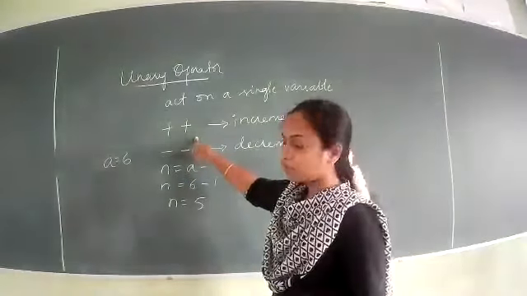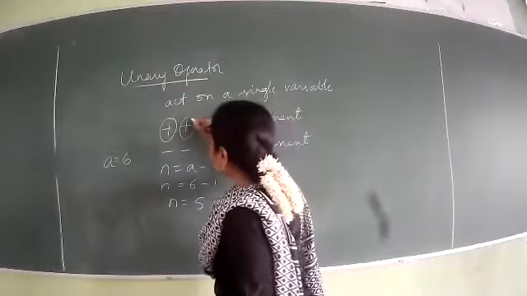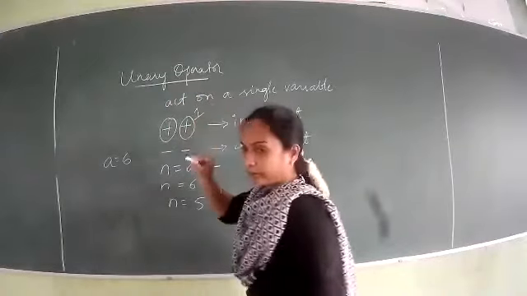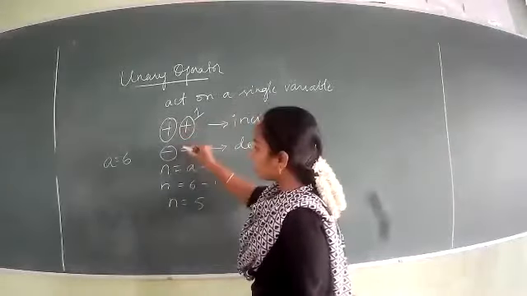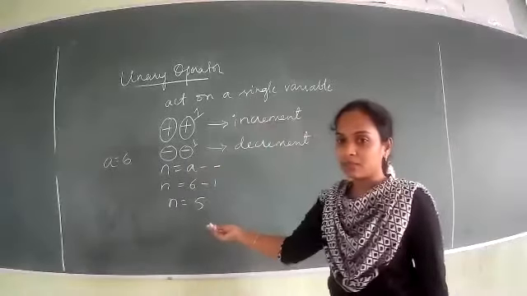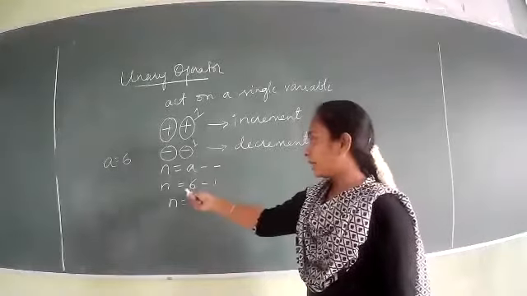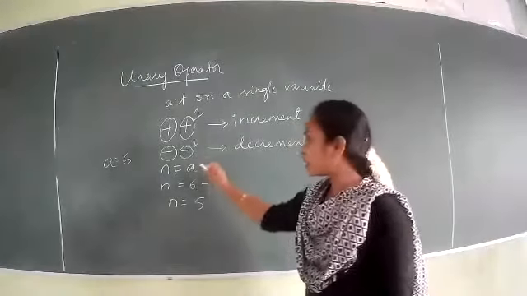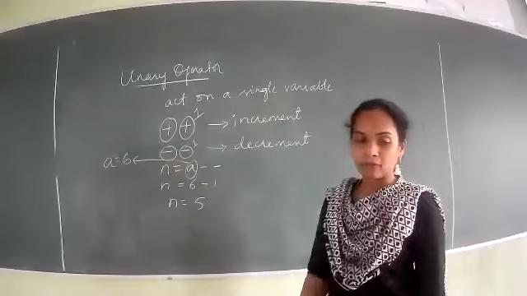One symbol will act as the arithmetic operator and one plus symbol will act as the value of 1. The same way the decrement operator has an arithmetic operator and this acts as the value 1. I've given the examples down. n equal to a minus minus means n is equal to 6 minus 1. I've taken the value of a as 6. So the value is 5.